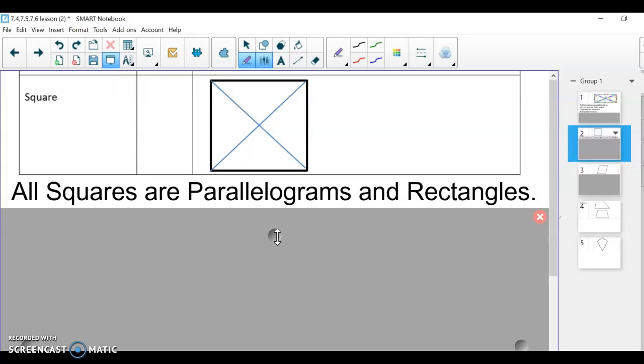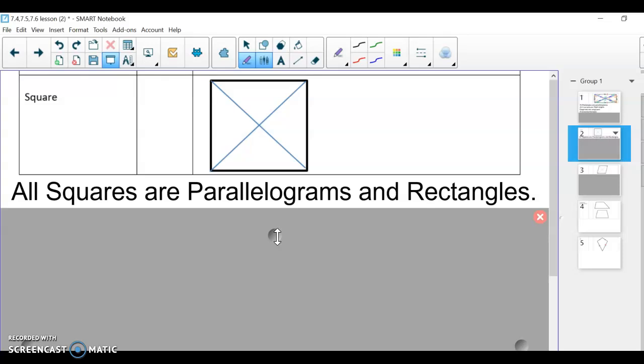All 5 of those rules also apply to a square. The other neat thing about squares is every single square is a rectangle. Even though it is a square, it is a rectangle because all of the properties that we just wrote down on the rectangle slide apply to the squares.